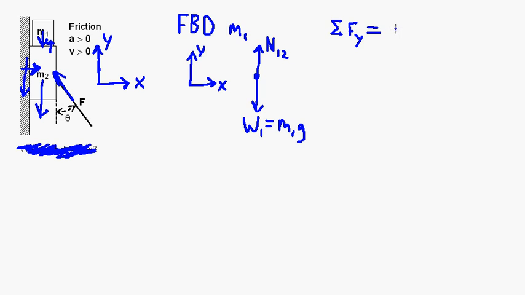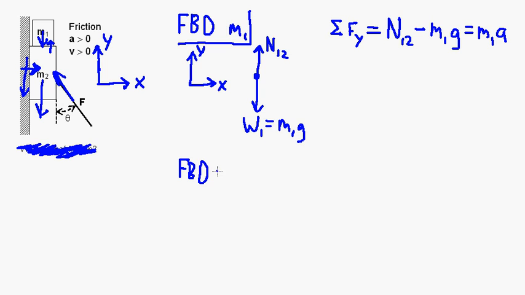Sum of forces in the y direction, on the other hand, equals N12 going up, N12 minus the weight of 1, which is M1G, and that's going to equal mass times acceleration. What mass? Well, mass of 1, because that's the object we're talking about, right? So times the acceleration. We assume these two are both accelerating upwards at the same rate. So there's your force balance equation for mass 1. Pretty easy.